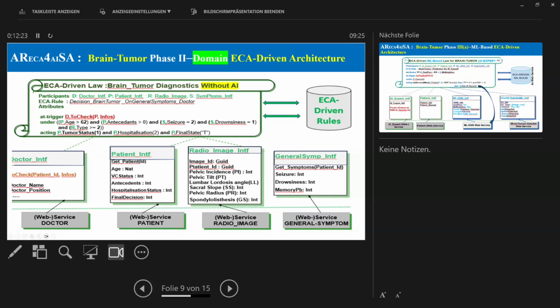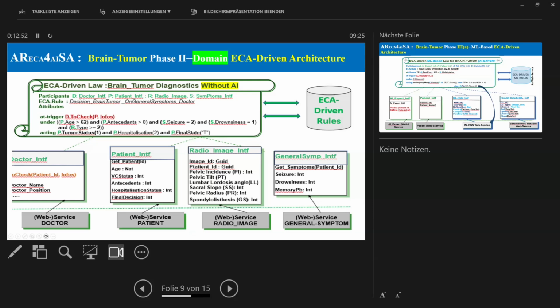At the trigger, when the doctor wants to check a specific patient with his information, then we test the old age, whether he has antecedents, and whether some symptoms are at some level. Then we can state that he is suffering from tumor status and he should be hospitalized at some level.